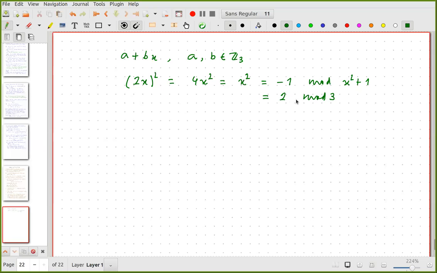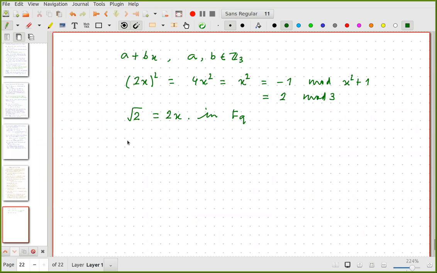So minus 1 and 2 are the same thing. That would mean that 2 has a square root, namely 2x. So the square root of 2 in this field, F9, is 2x.